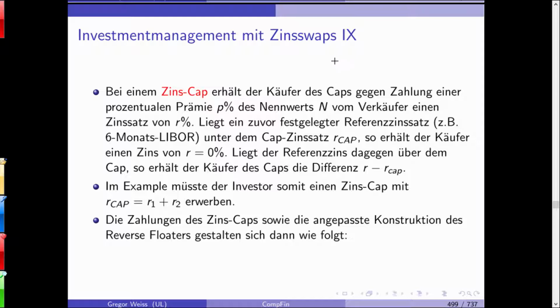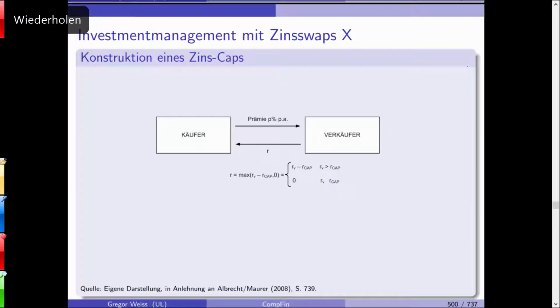So the lower bound is our cap, and if the interest rate goes down, you're getting 0, and if it's up, you're getting RV% minus our cap. And this is an interest rate cap. So in this case, you can combine all this. You're paying a premium, and you're getting R, and R is the maximum of RV minus R cap, or 0.